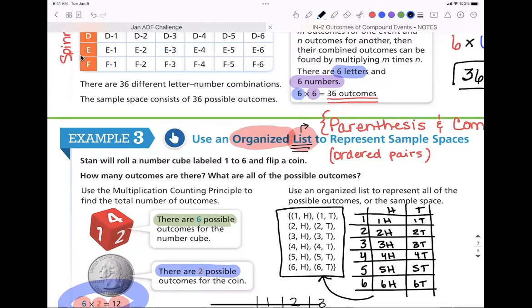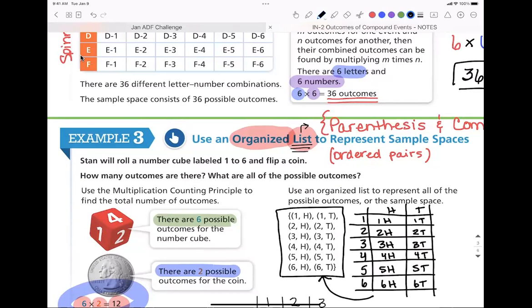At the very bottom of page 9, it says you've got a bag that contains tiles A, B, and C. So your bag is event 1, so your bag is going to get one side of your table. Then you've got a box with numbers 1, 2, and 3. Your bag is event 1 with letters. Your box is event 2 with numbers. Create a table. Squeeze it in there somewhere. I've got mine squeezed in next to the words try it, but you can put it wherever you want.